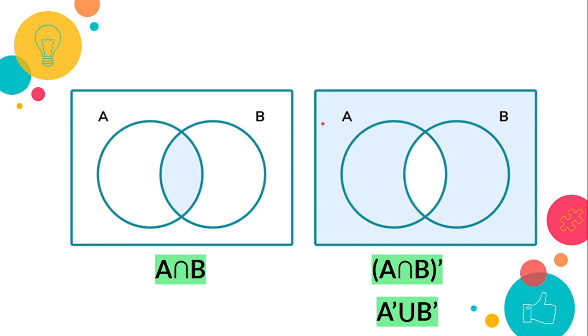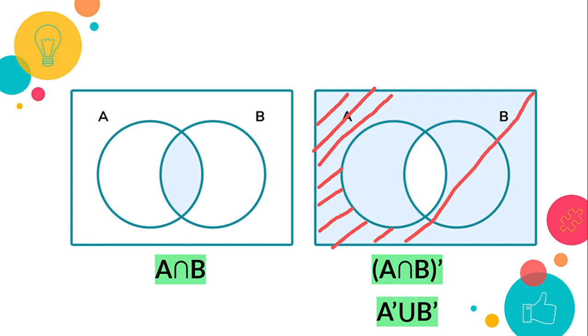So I'm going to shade both regions. So I'm going to shade A complement in red. So A complement is everything outside of the circle labeled A. So notice I'm shading everywhere outside of that circle. So all of this out here is A complement.